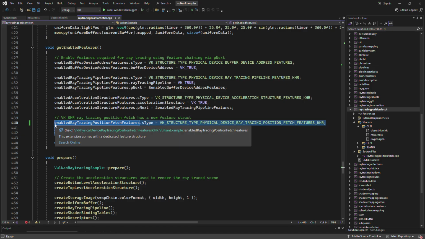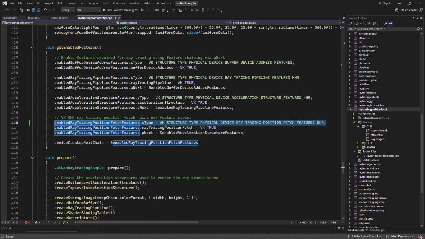It is also mentioned: request ray tracing position fetch feature at device creation time. So we're creating the device and we need the position fetch feature for that.